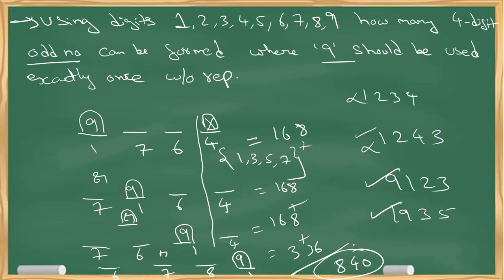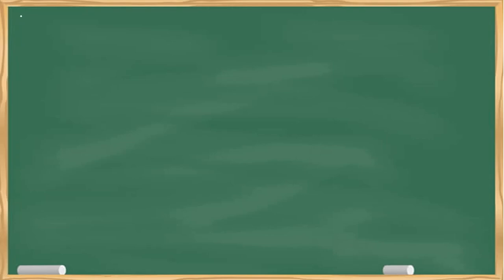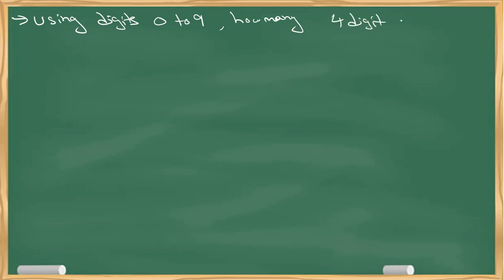Okay. Now let us add furthermore types of questions related to this. Let us solve. So next, using digits 0 to 9, how many four-digit numbers can be formed with and without repetition?